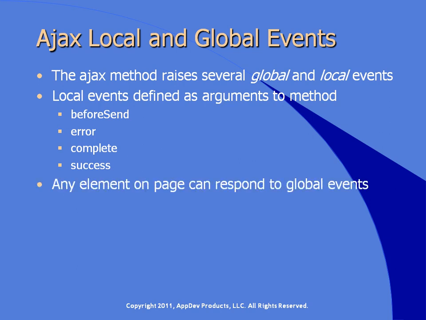Then there are global events. Global events are those that any element on the page can respond to. You can bind one or more elements to these global events using either the jQuery bind method or any of several different convenience methods.